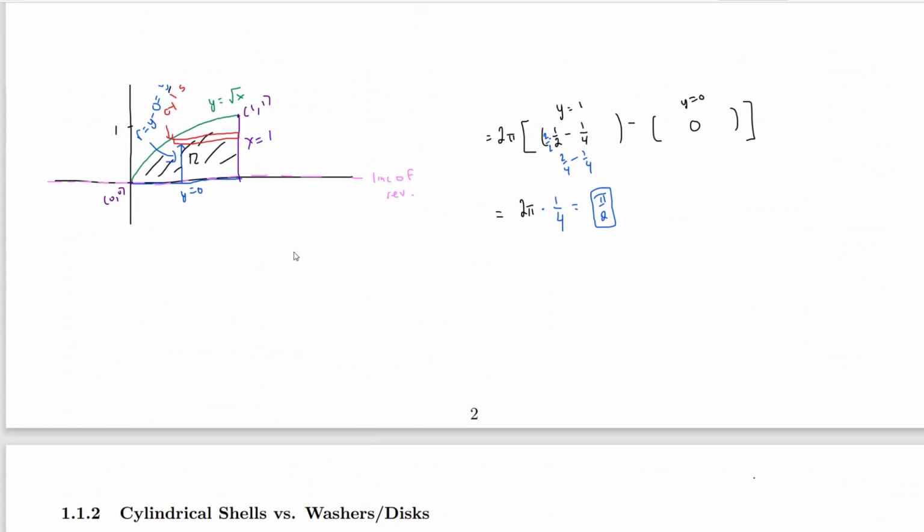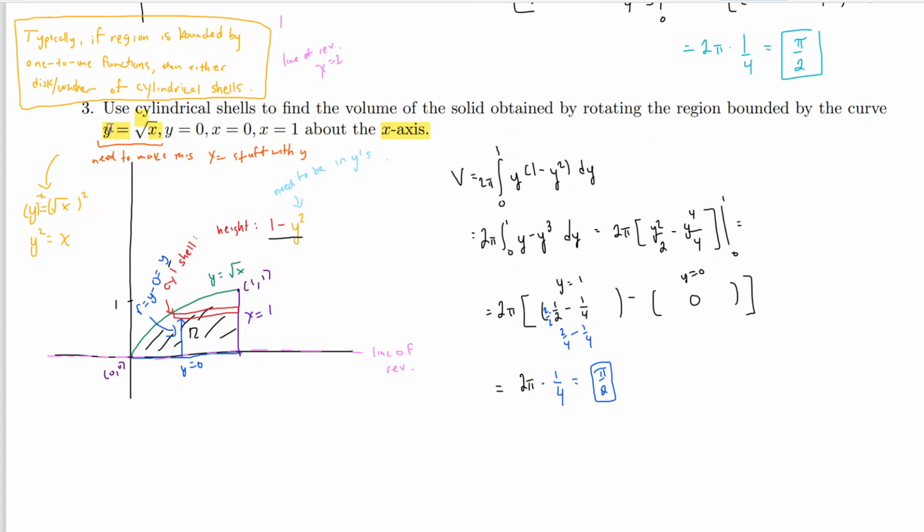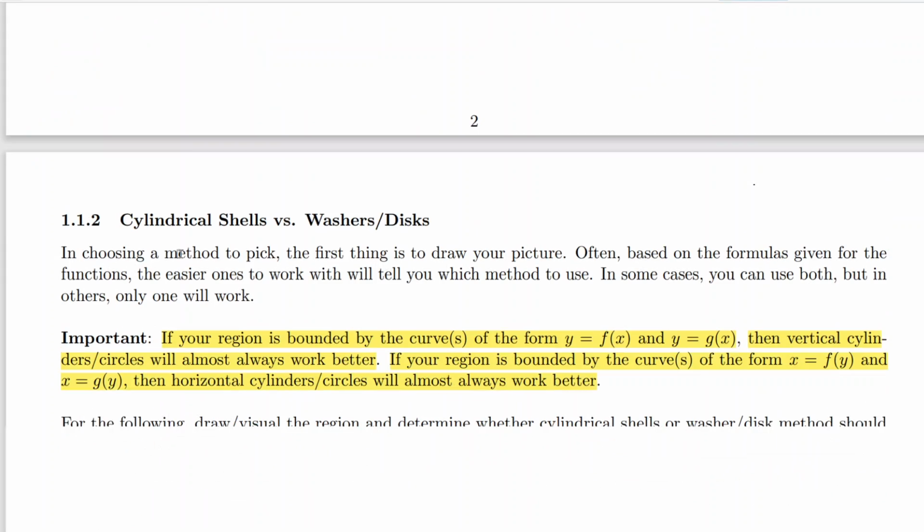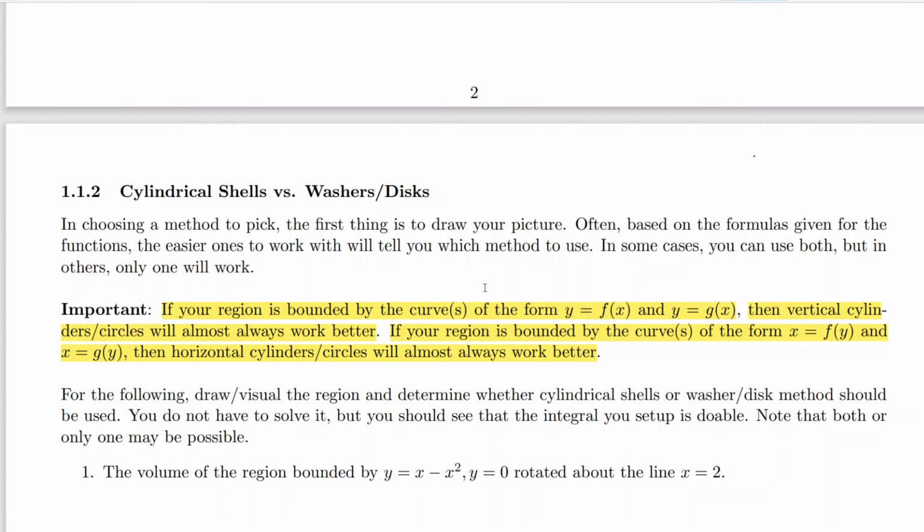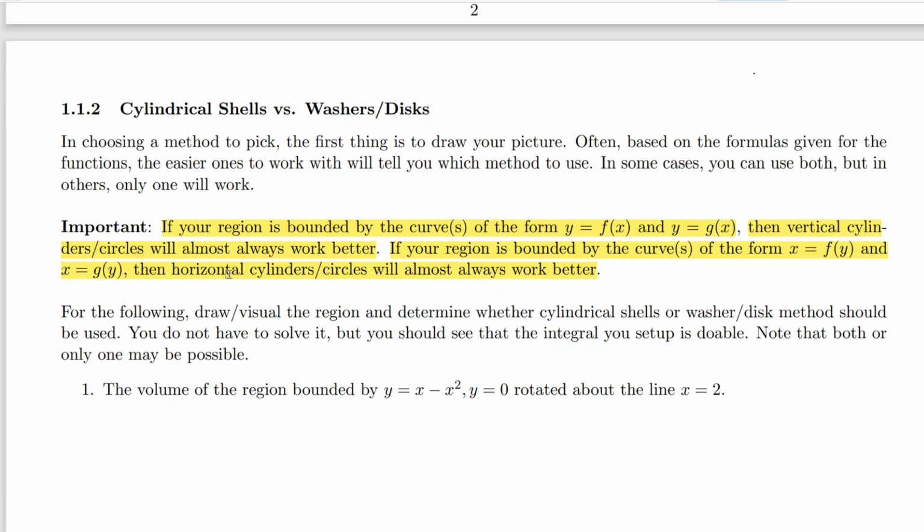We've seen that in this problem here, where we only had one equation where it wasn't a horizontal or vertical line equation in the last example. But if your region is bounded by curves of the form x equals, then you want to draw horizontal shapes because it's easier to represent the height if you're talking about the cylinders, or the radius if you're talking about the circles. So that's something to keep in mind.